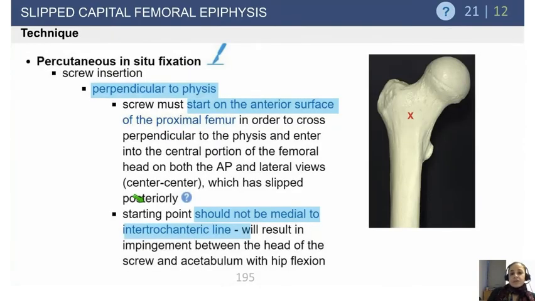You want your screw to be perpendicular to the physis as much as possible, which is why you start on the anterior surface of the proximal femur. So that question that we were going over before, anterior surface of the proximal femur. And most importantly, you do not want to be medial to the intertrochanteric line, as this can increase your risk for screw head impingement on the acetabulum when the hip goes through range of motion.